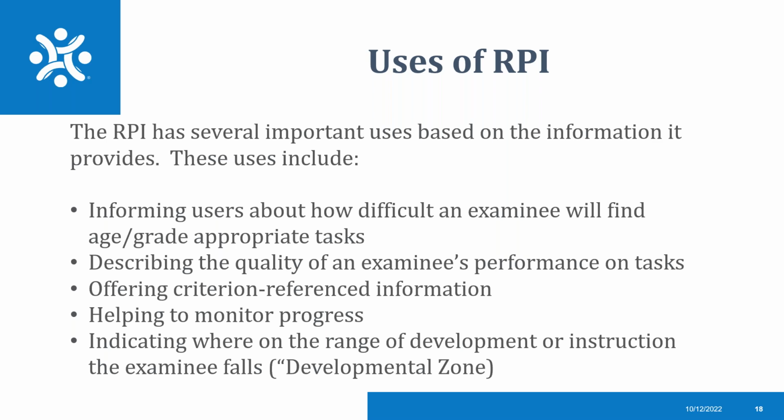It does help to monitor progress because we can compare performance over time. And then it indicates where on the range of development or instruction the examinee falls. So there are correlations to developmental zones that can help inform instructional planning.